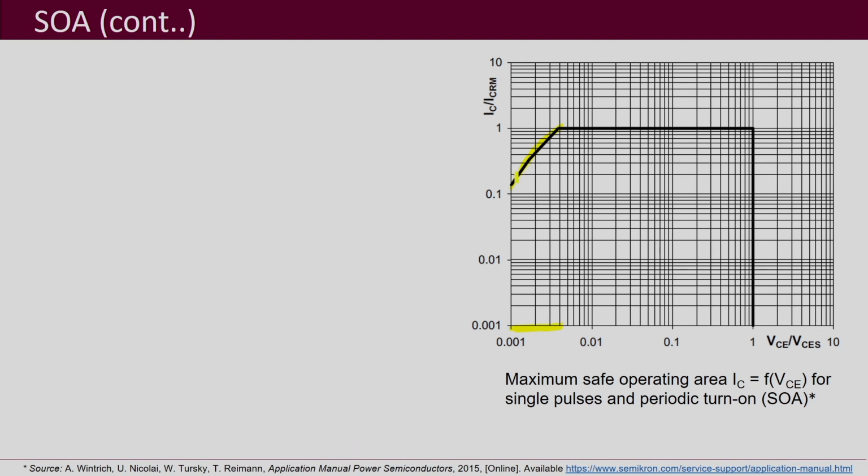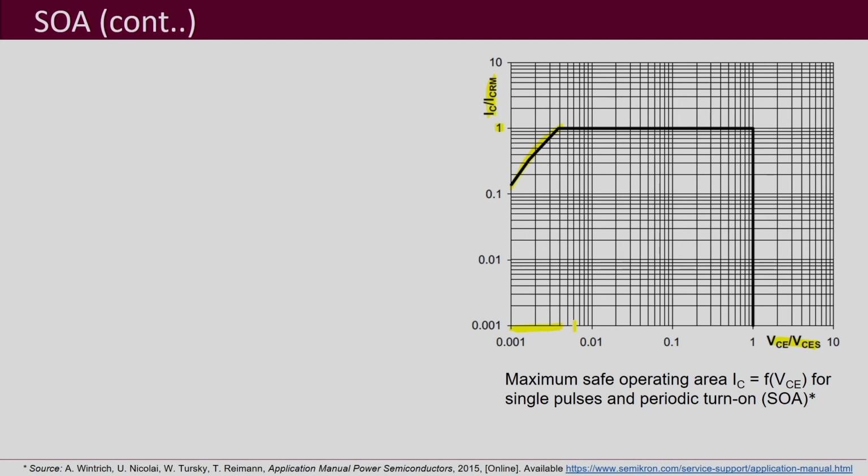This is basically the limit defined by the saturation region. Do not think that this is 1 ampere of current that is going to flow. This is given as a ratio with respect to the maximum pulse current that can flow, and this is also given as a ratio with the blocking voltage.